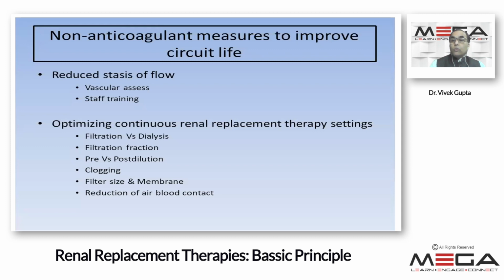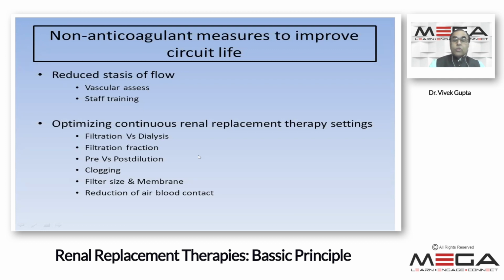Your vascular access should be very good, because if there is too much negative pressure in the vascular access, it will induce a lot of vacuolization and clotting. The staff should be trained to handle this situation and respond very quickly. And then how the therapy should be optimized, your filtration versus dialysis. When you are doing a very high filtration, there are more chances of clotting of the circuit.